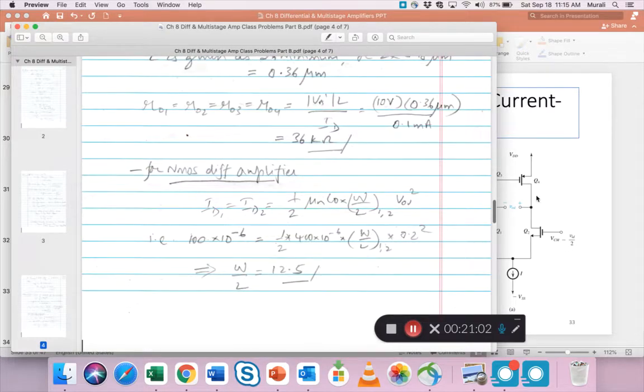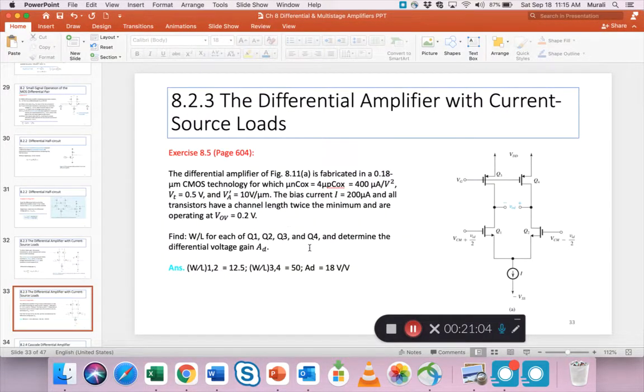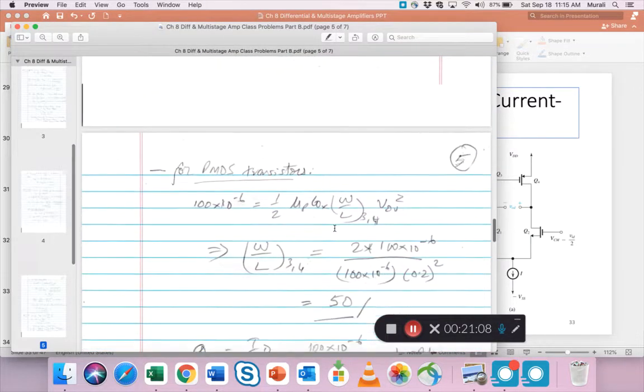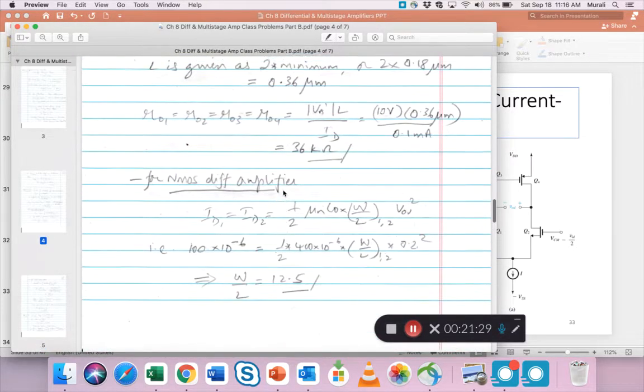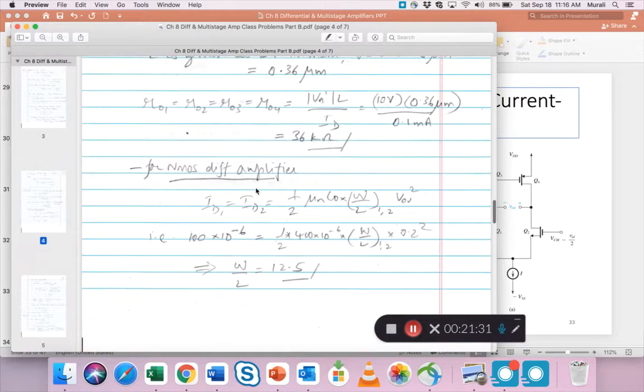So was that one of the questions? No, I think we need that RO to find AD, because there's no RDs, right? There's no drain resistors. So the formula to use is GM for each of the devices times RO1 in parallel with RO2. That's why we need to calculate these ROs.